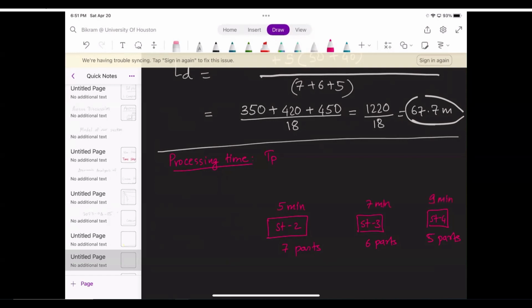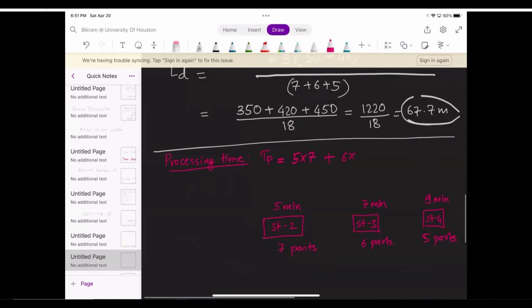Okay, so the total processing time is, for 7 parts, station 2 takes 5 times 7 minutes. For 6 parts, station 3 takes 6 times 7 minutes, since one part takes 7 minutes. And for 5 parts, station 4 takes 9 times 5 minutes. So the total will be 122 minutes.